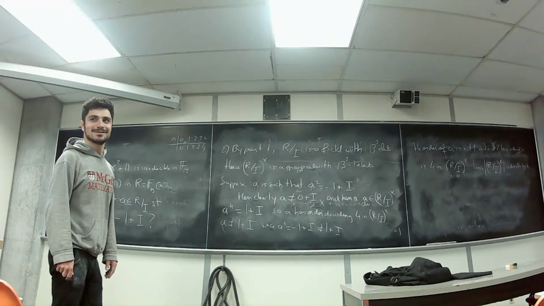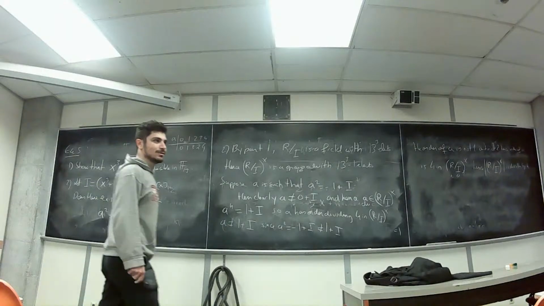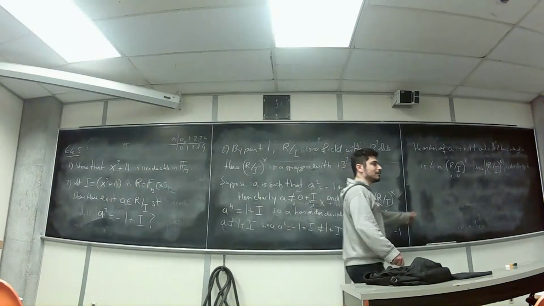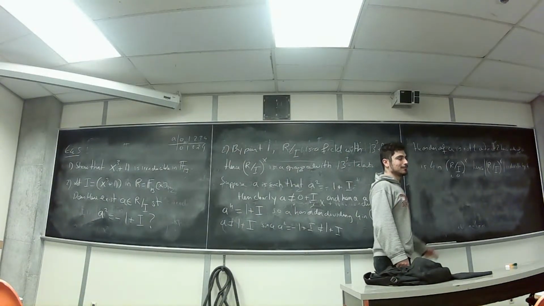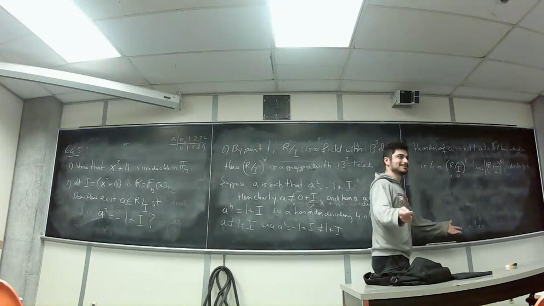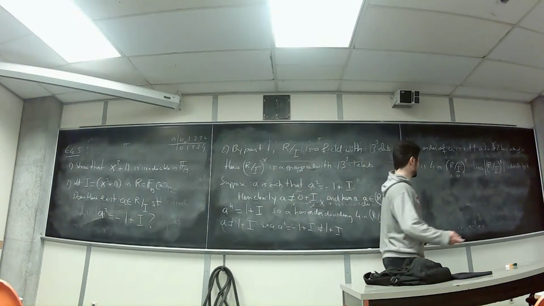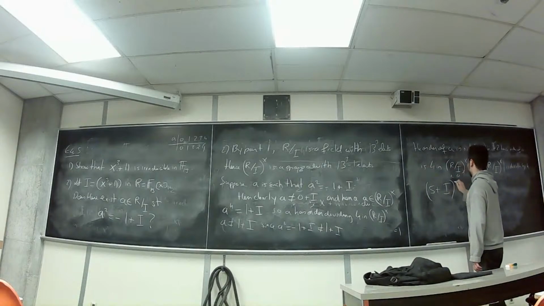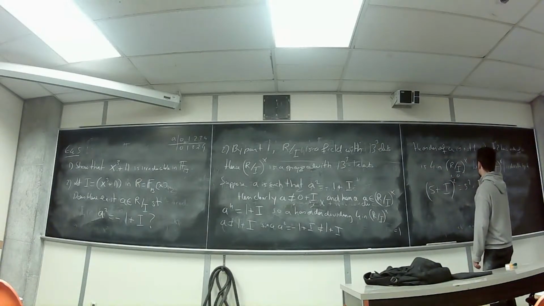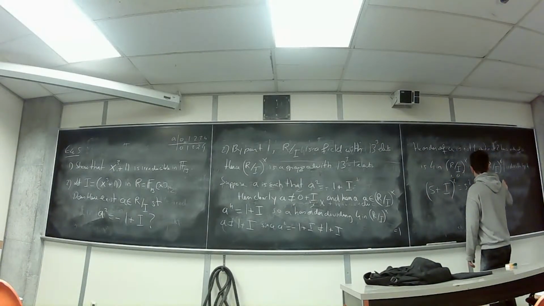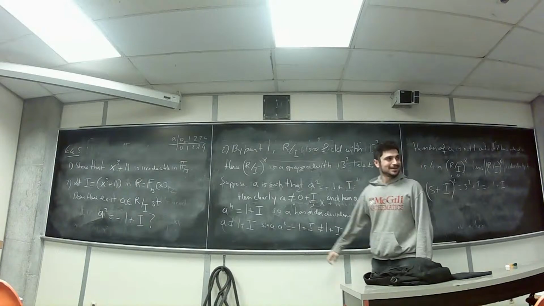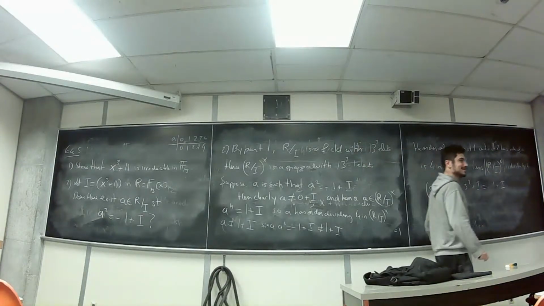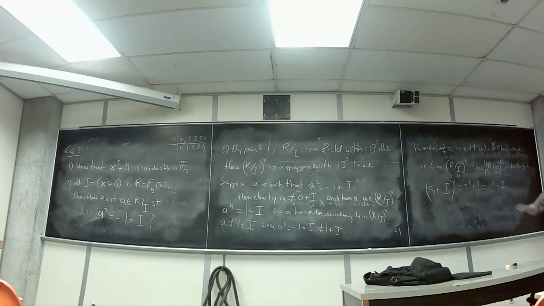So 5 plus I, 5 is an element of order 4. 5 squared plus I is minus 1 plus I. You always have an element of order 4. Sorry about that.